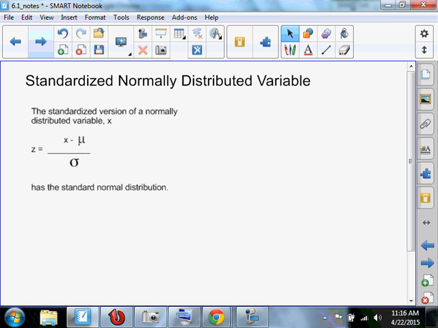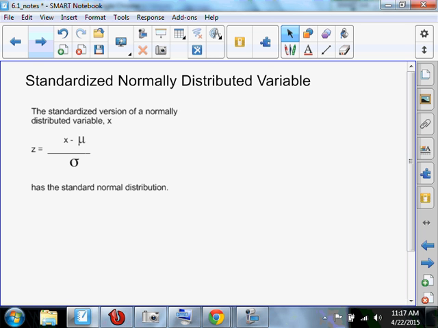So what we need to do here is find a z-score. A z-score is found by taking the observed value and reducing that by the mean. So if the observed value is 50 and the mean is 60, you get a negative answer, and that's okay. That just means it's below the mean.